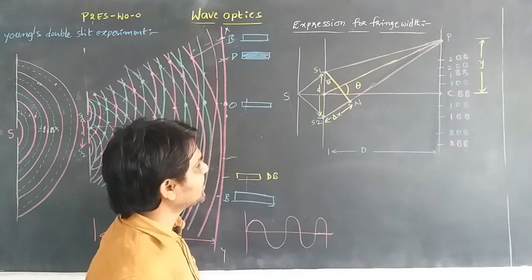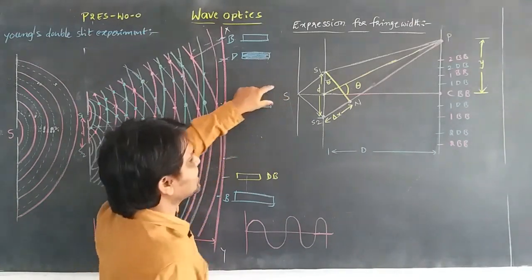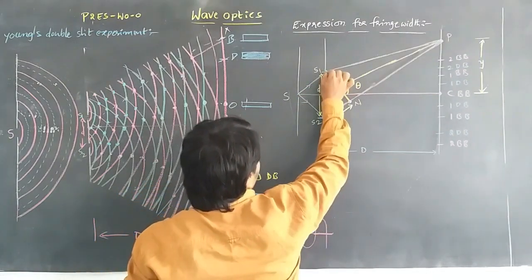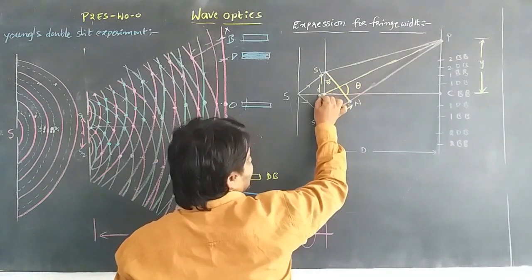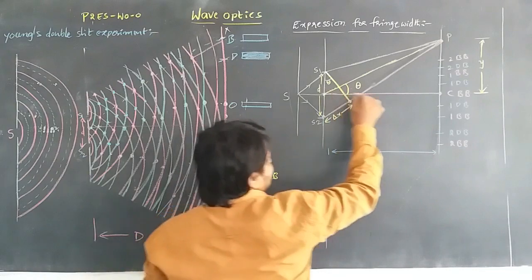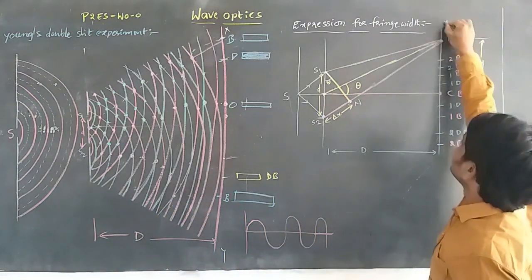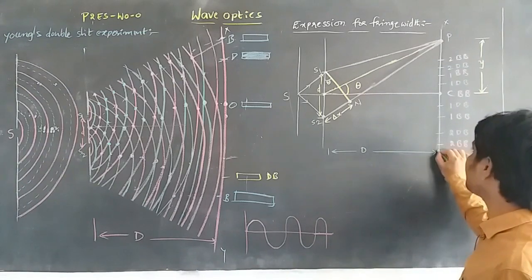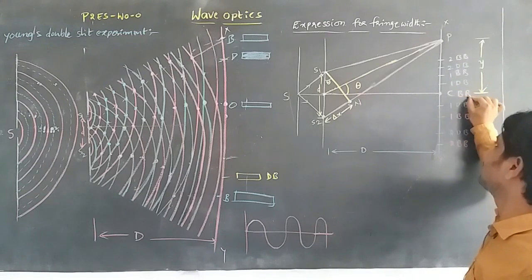According to this mathematical form, let S be the source. The light emitted from the source passes through the slits S1 and S2, separated by a distance of small d, and the screen XX dash is placed at a distance of capital D. At the center, the central bright band, CBB, is formed.